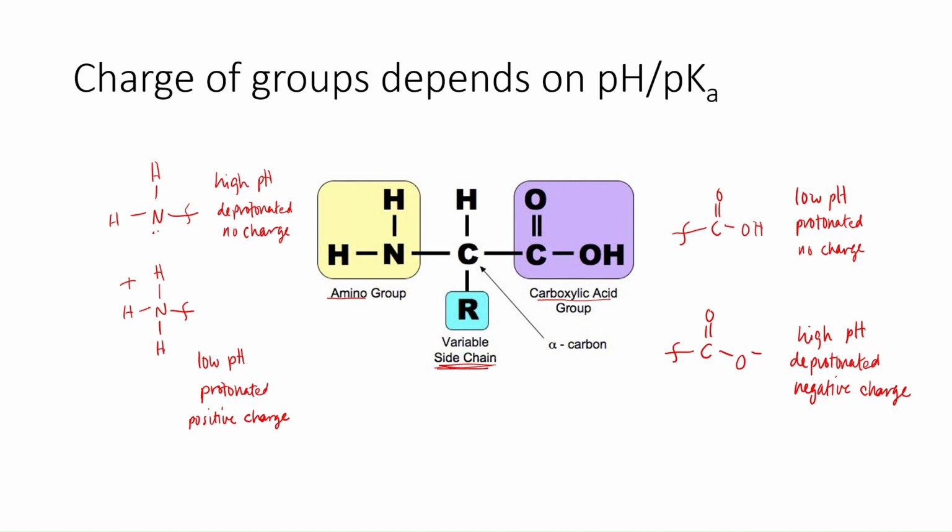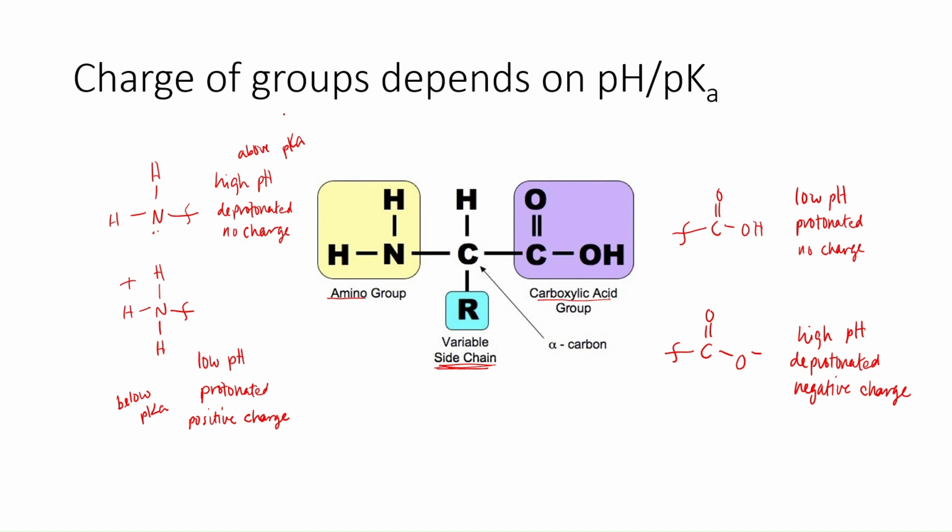The one last thing we should think about here is what it means when I talk about low pH and high pH, for the difference of when the parts of the molecule are protonated or deprotonated. As we discussed a little bit in the chapter 2 videos, the point of the change is the pKa. So a low pH means below the pKa, and a high pH is above the pKa.